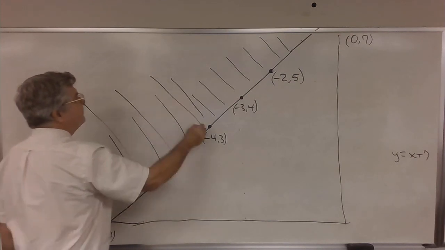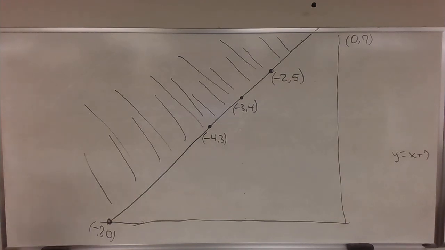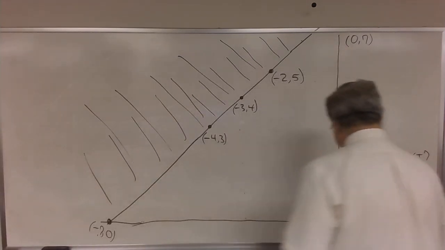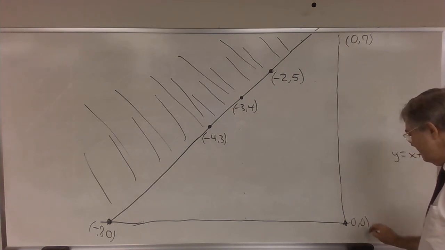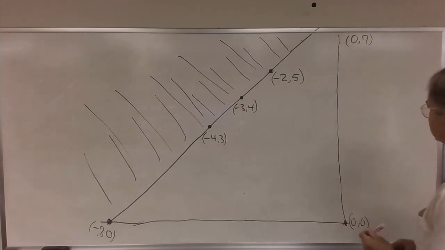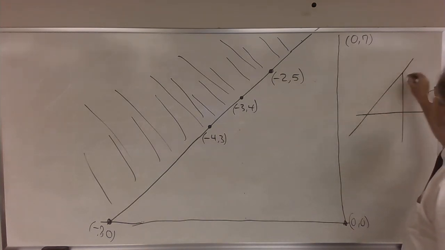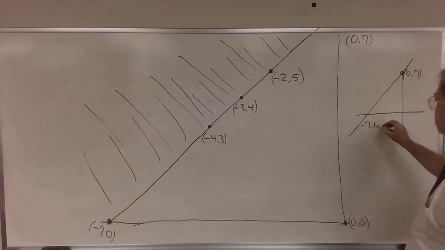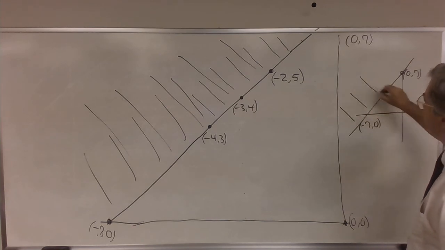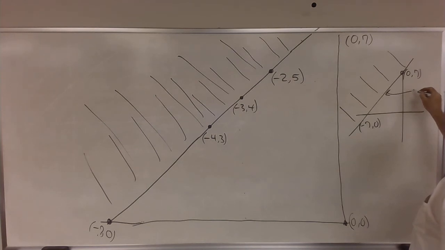This is the image of our transformation. And if we want to be a little bit more reasonable in how we draw it, we can scale it down to size. This is the image of the half plane, and this is the line y equals x plus 7.